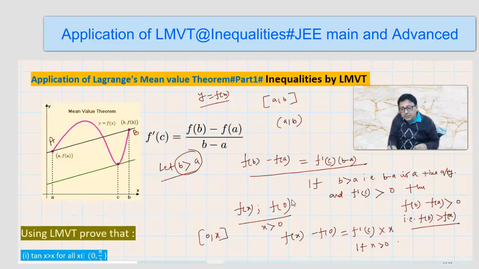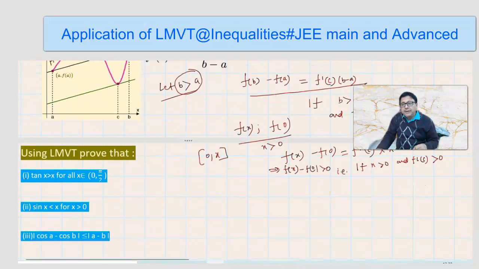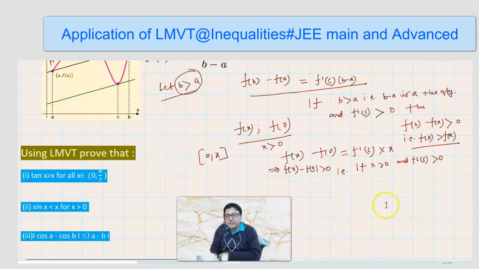Now if x is greater than 0 and f dash c is greater than 0, then what will you get? This will imply f(x) minus f(0) is greater than 0, that is f(x) is greater than f(0).